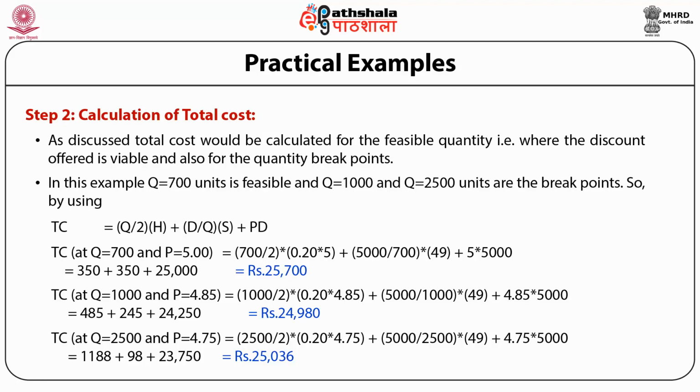25,700. Total cost at Q equal to 1000 and P equal to 4.85 equals 1000 upon 2 into 0.20 into 4.85 plus 5000 upon 1000 into 49 plus 4.85 into 5000 equals 485 plus 245 plus 24,250 equals rupees 24,980.